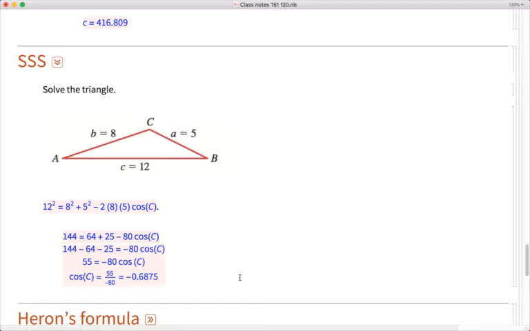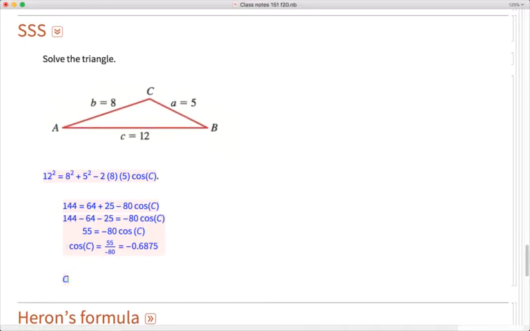So to get the angle itself, we're going to have to go to a calculator. So C itself, we're going to use the inverse cosine function of negative 0.6875. I've really got to get this programmed to do this more quickly with my computer. Again, the inverse trig functions on my computer are called arc instead of inverse.